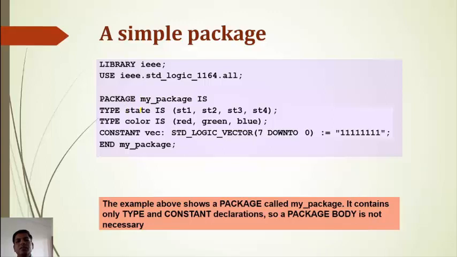Type state is (state1, state2, state3, state4); then a second type, color is (red, green, blue); then constant declarations: vector : std_logic_vector(7 downto 0), assigned using := "11111111"; end my_package.